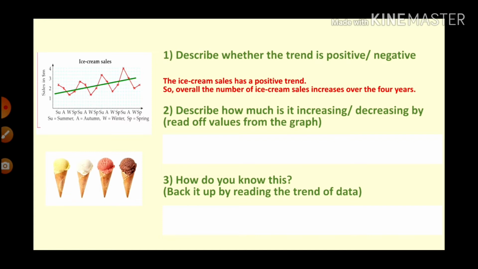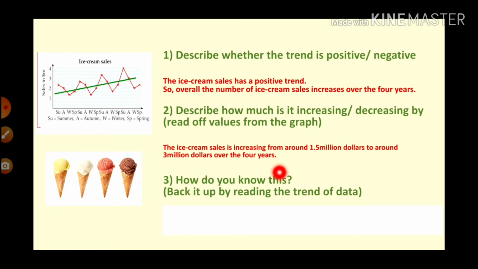What will be the next one? Describe how much it is increasing or decreasing. This time you have to add some values. Let's look at the answer. It says ice cream sales increased from 1.5 to around $3 million over the 4 years. Where I got those two values are from 1.5 at the start over here.